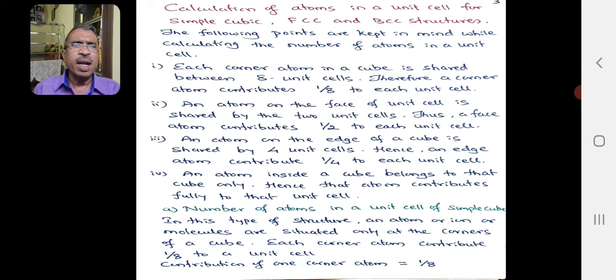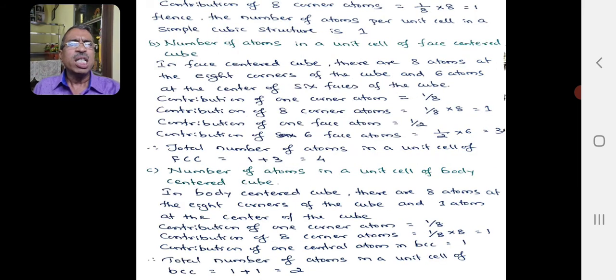Each corner atom contributes 1/8 to a unit cell. Therefore, the contribution of one corner atom is 1/8. Therefore, the contribution of 8 corner atoms is 1/8 into 8, which is equal to 1. Hence, the number of atoms per unit cell in a simple cubic structure is 1.